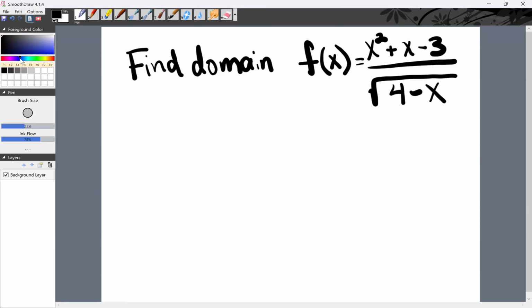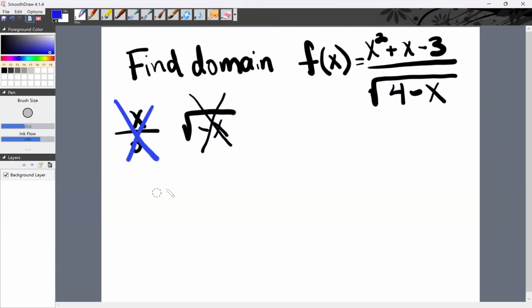For a fraction, you cannot have 0 on the bottom. That is a big no. Also, for a square root, you cannot have a negative number. That's another no-no, okay?